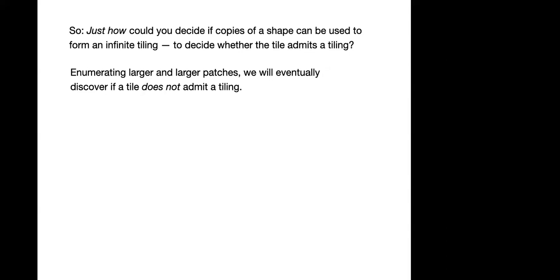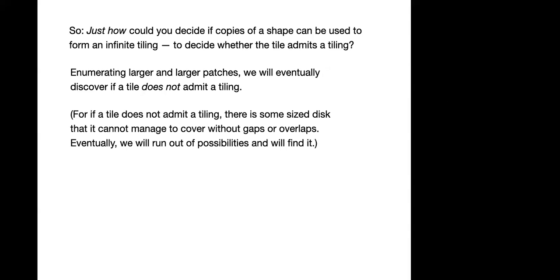Because if you don't admit a tiling, then there has to be some size disk that you cannot cover, because the contrapositive is that if you can cover arbitrarily large disks, then you can cover the whole plane. Now that sounds obvious, but there's a little bit of compactness trickery to make sure of that, but in the end it's as true as it sounds.